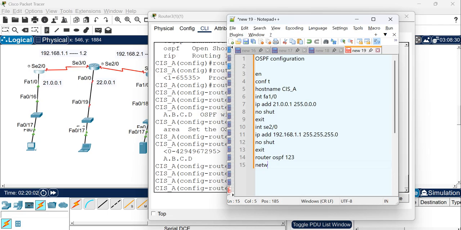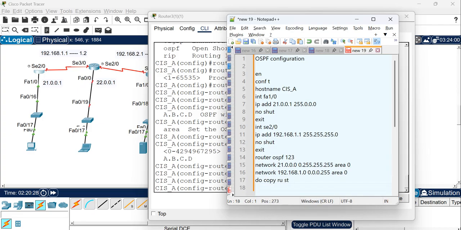Then network, physically connected: 21.0.0.0 followed by the wildcard 0.255.255.255, followed by the word area 0. Then network 192.168.1.0 followed by 0.0.0.255 area 0. Yes.